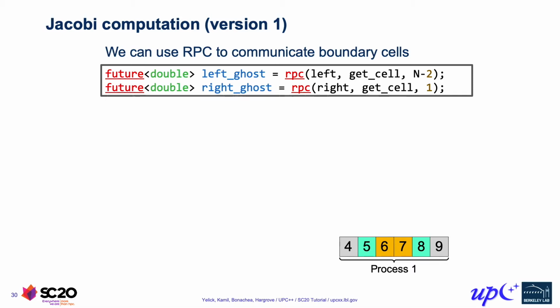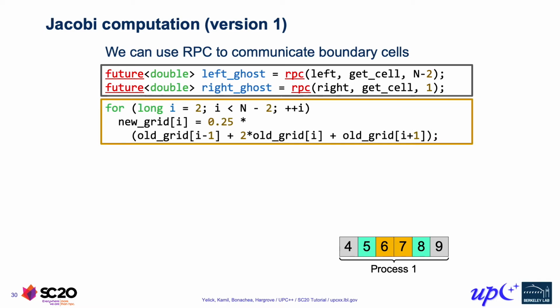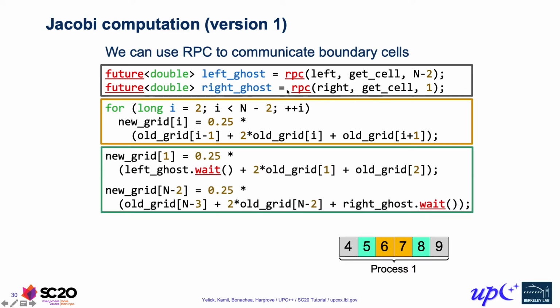But at the same time, we haven't waited, so we can actually do our interior computation. If we look at our grid over here, everything but our own edge cells, we can compute using just local data. So we can do the computation for those interior cells, and then after that computation is done, we can go ahead and wait for the results of our RPCs and perform our edge computations as well.